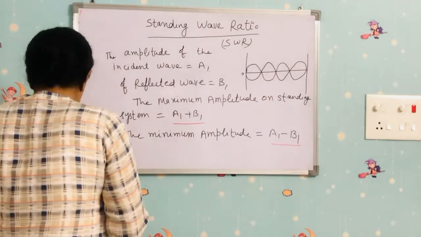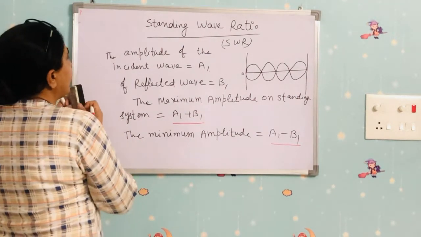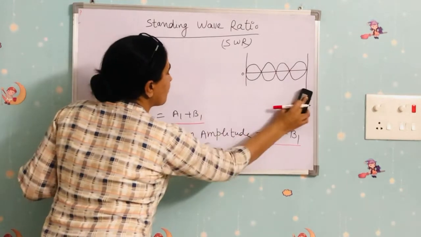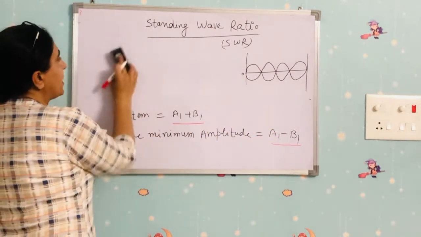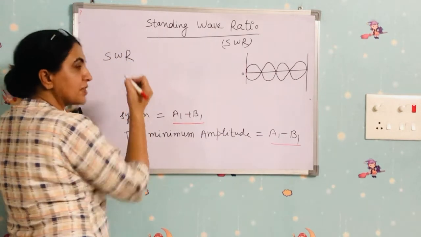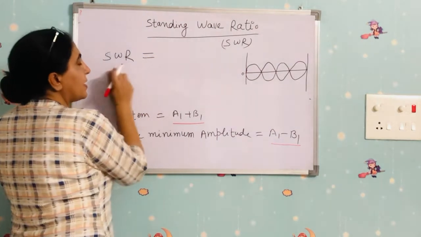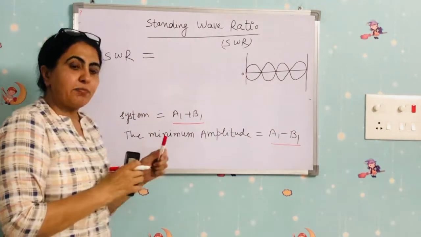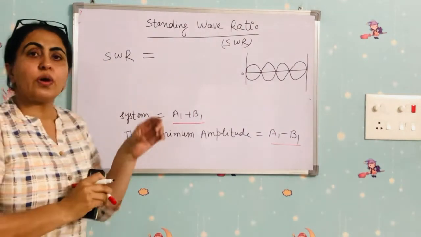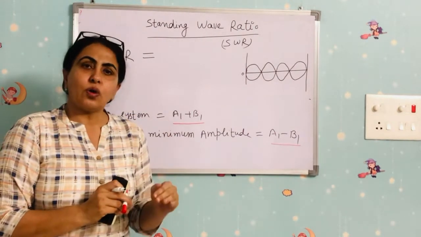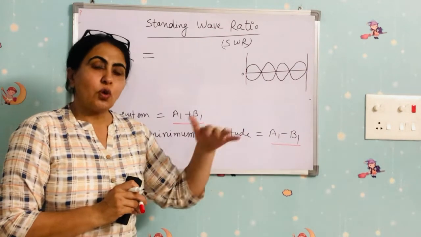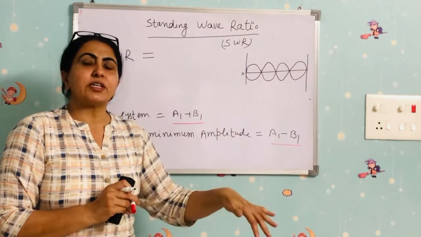Now what is standing wave ratio? The standing wave ratio is the ratio of maximum amplitude to minimum amplitude of the standing wave on the standing system. Please note down in your notebooks that standing wave ratio is the ratio of the maximum amplitude of the standing wave to the minimum amplitude of the standing wave.